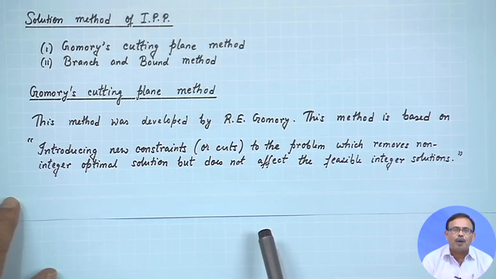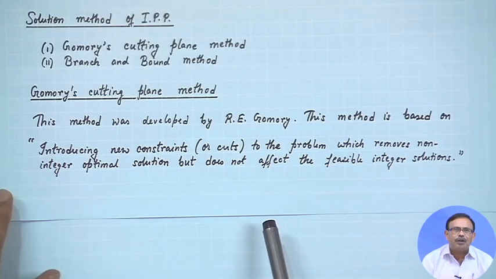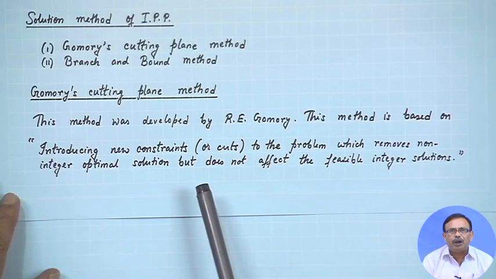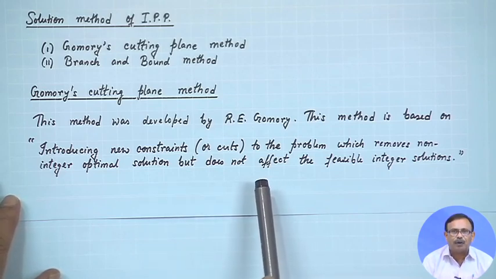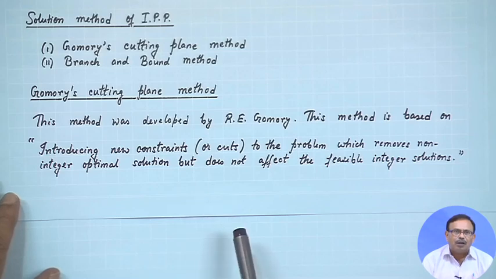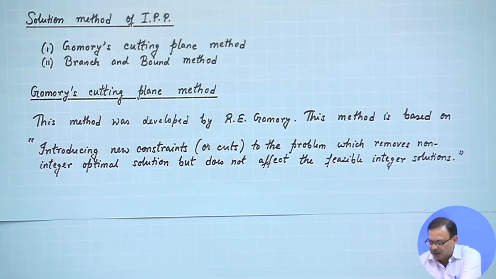Please note, whenever we have a non-integer optimal solution, this method cuts it off, by introducing a new constraint to the problem. The solutions which are already integer solutions will not be affected by this method.